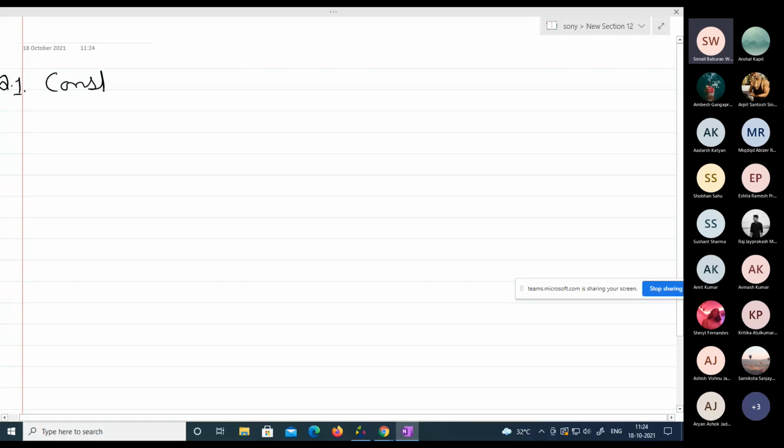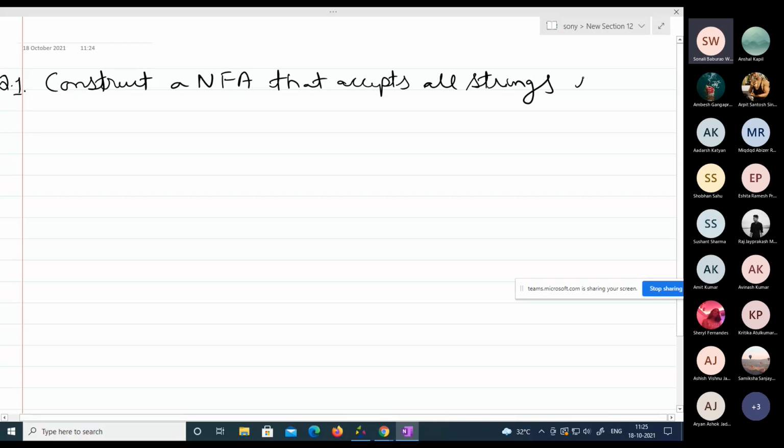The question is: construct an NFA that accepts all strings that begin with 0. This is the question which is given to you.